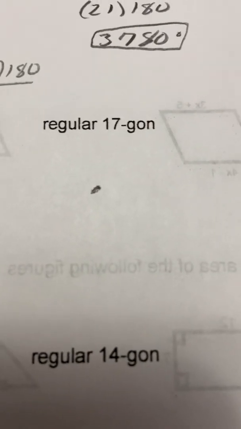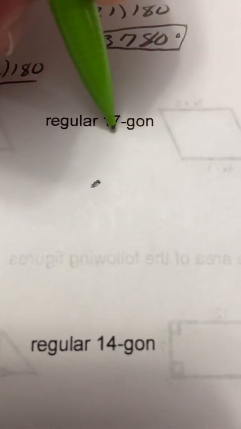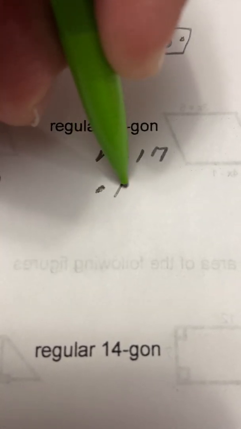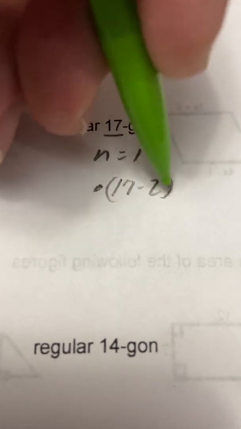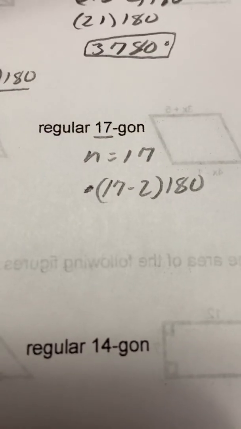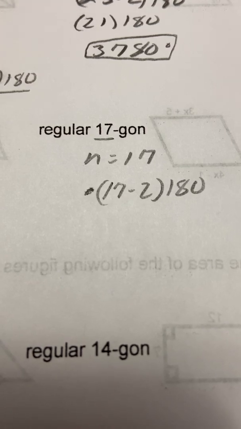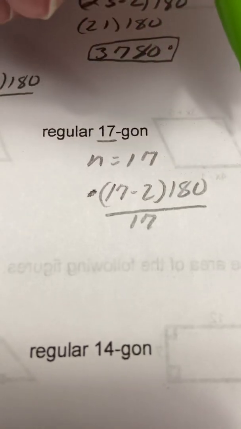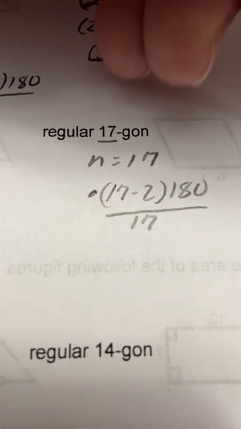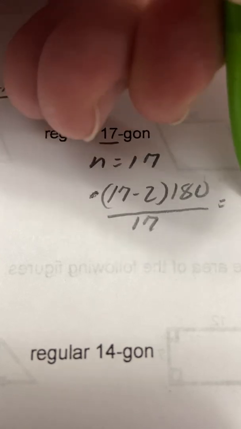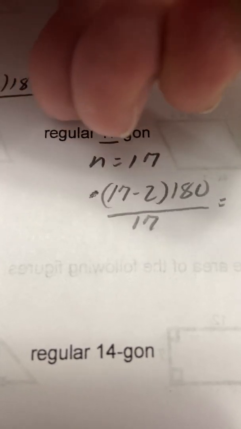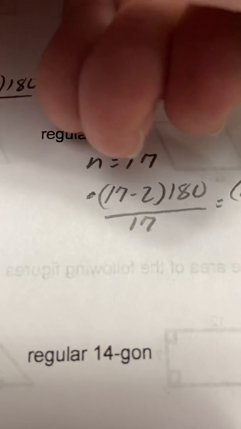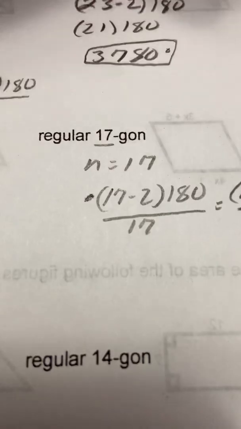All right, next one, a regular 17-gon. So easy enough, n equals 17. So we're going to do 17 minus 2 times 180 divided by 17. So that's going to be 15 times 180 over 17.